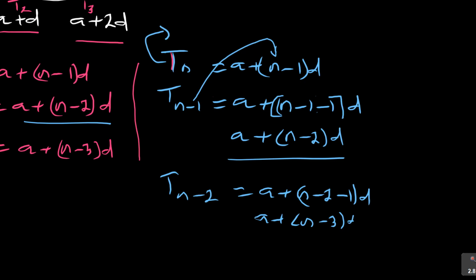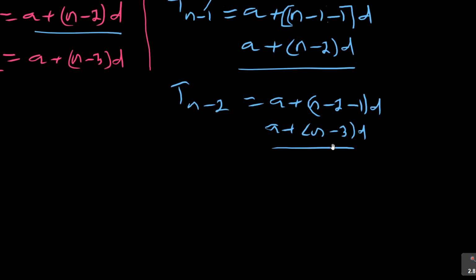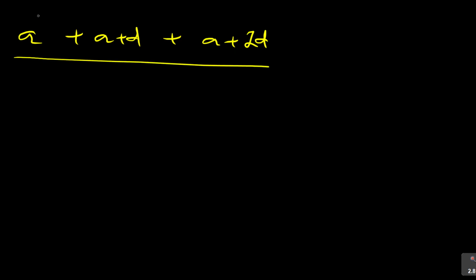Alright, just to say, when you are proving it and you are getting confused, this is what you need to do. You say, okay, I know my first three terms. It's a plus d, a plus 2d. This one I think you can flow. This is t1, t2, and t3. But the challenging one is when you find the last three. Now the last three, this is what you do.